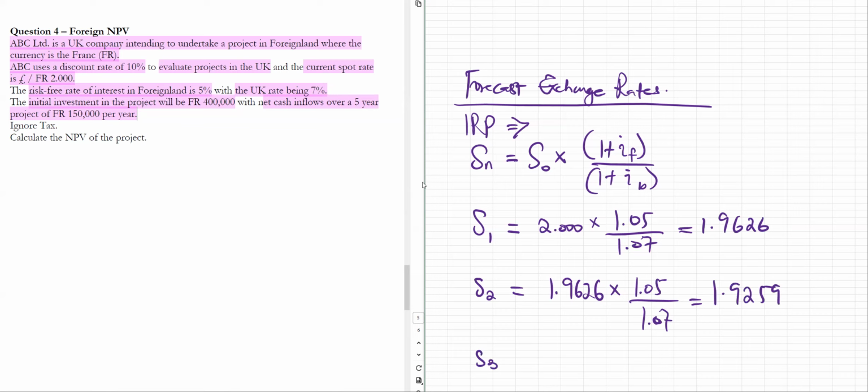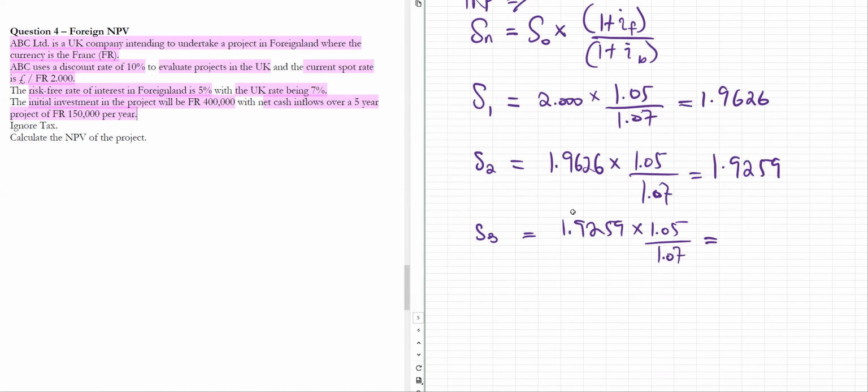Okay, you go to year three, you do 1.9259 multiplied by 1.05 over 1.07 again, and that gives you 1.8899. Okay, so this is all you have.